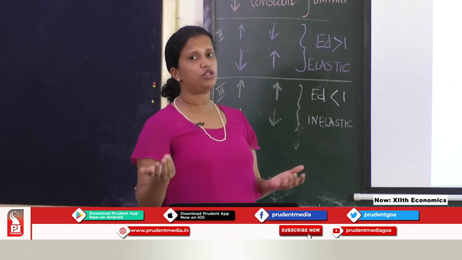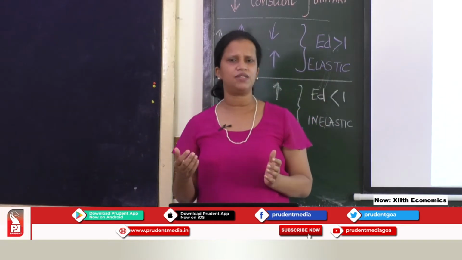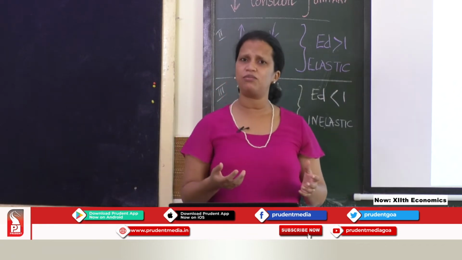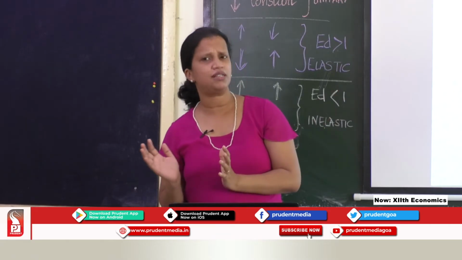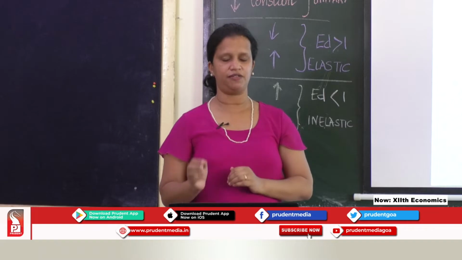So, what is the use of price elasticity? Price elasticity is helping an economist to find out how sensitive a commodity is to a price change. So, there will be some commodities, the moment the price changes, demand changes by a large amount. While there will be some commodities, even though price has changed by a large amount, demand does not react to the price change. So, they are less price sensitive.